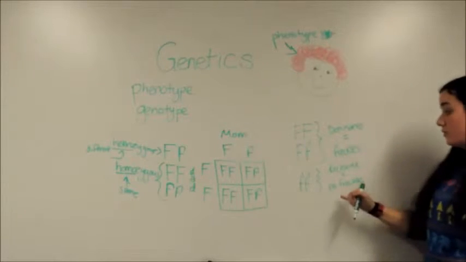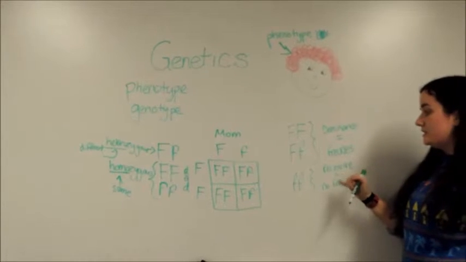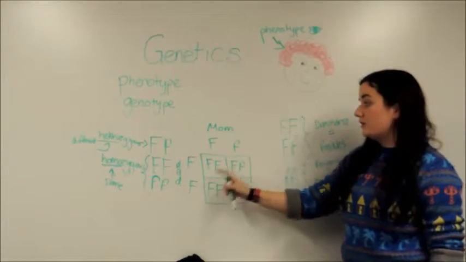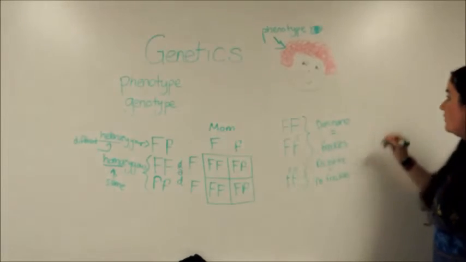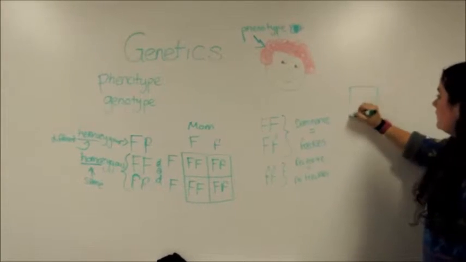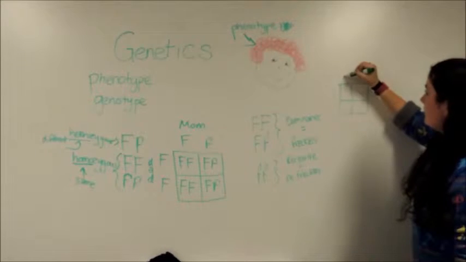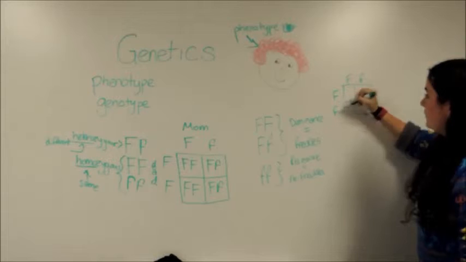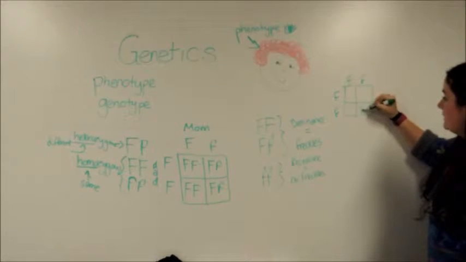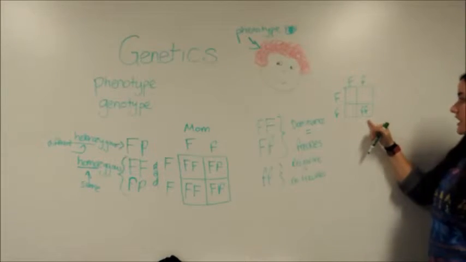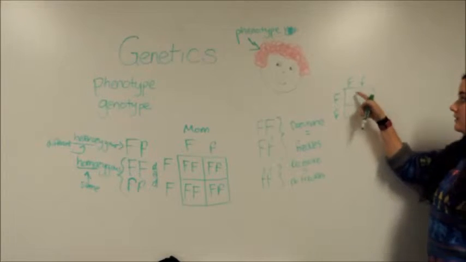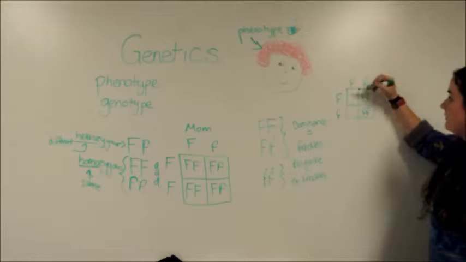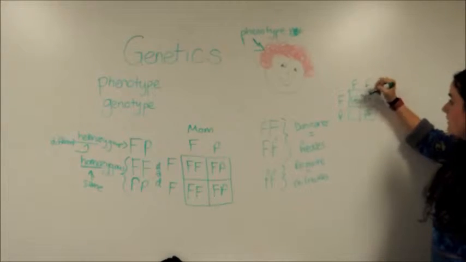So in order to not have freckles, both parents have to have at least one of the little f's. So if you have parents who each have one little f, then down here you'll get a child that has no freckles, and then the other three are going to have freckles because of this dominant big F coming from either parent.